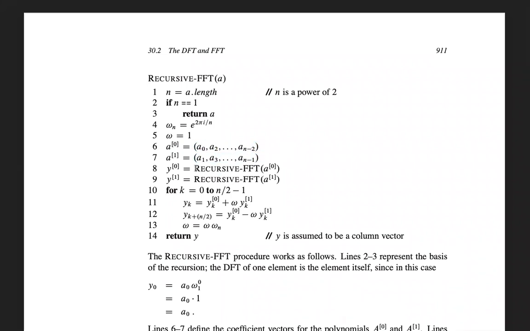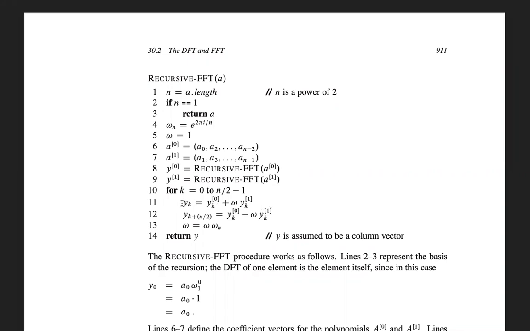The idea is that you first use this algorithm as a recursive call to obtain the discrete Fourier transform of A0, meaning of Q0 tilde, as we just talked about. You also use the FFT to obtain the DFT for A1, that means Q1 tilde. And once you have that, you can write down all the values by doing the same thing.